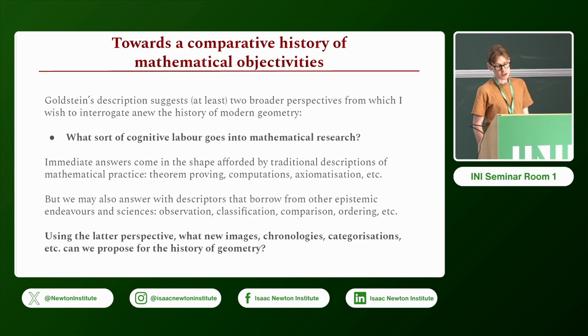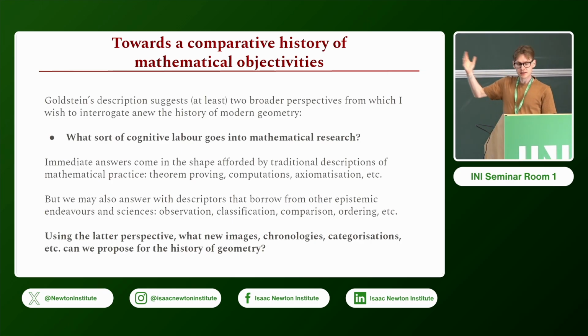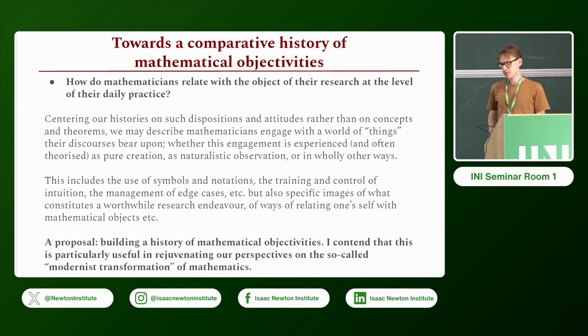And so a first question also related to this is what new images, chronologies, categorizations emerge when we look at the history of geometry with concepts of this nature that are not specific to mathematics or that are not specific to geometry.